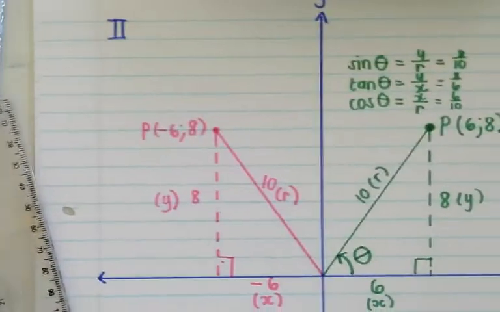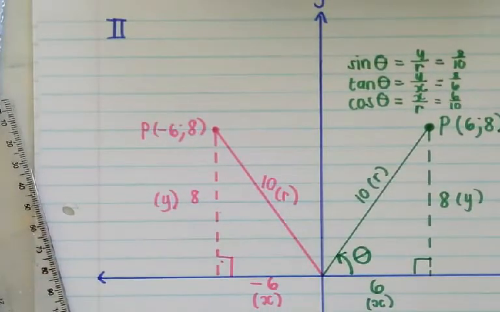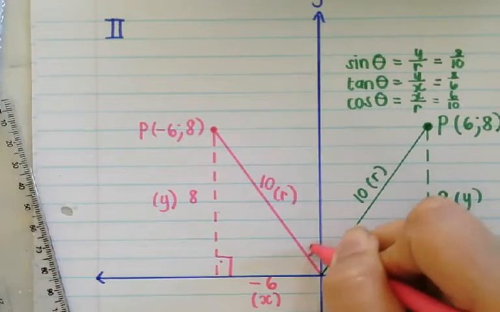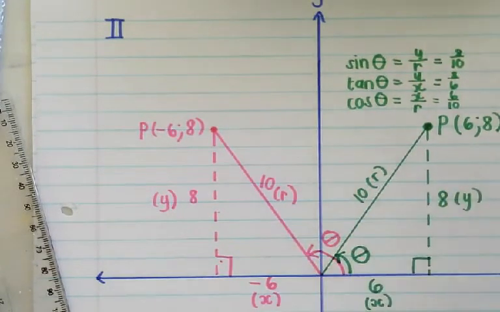Now I said that my theta is always calculated from my x-axis to the point that it meets the line. So my new pink theta would look like that. Therefore, which is opposite that pink theta, x or y? It is still my y value.